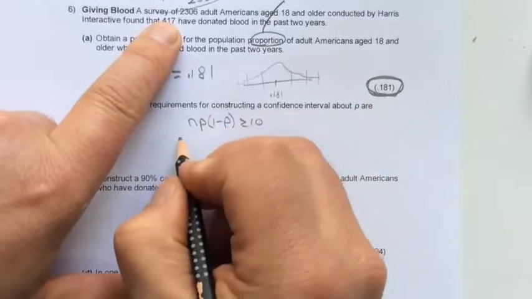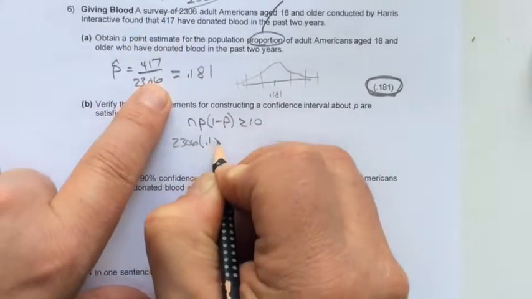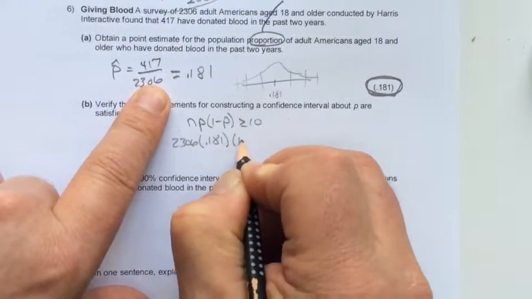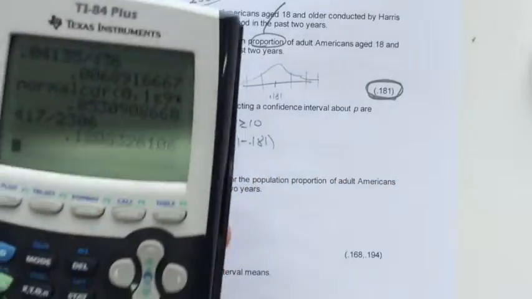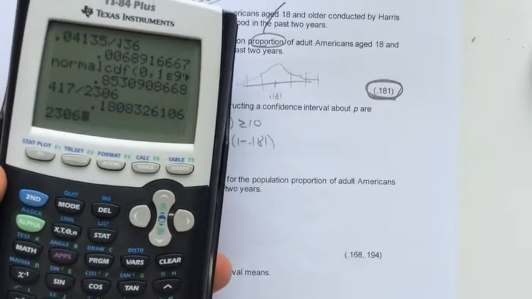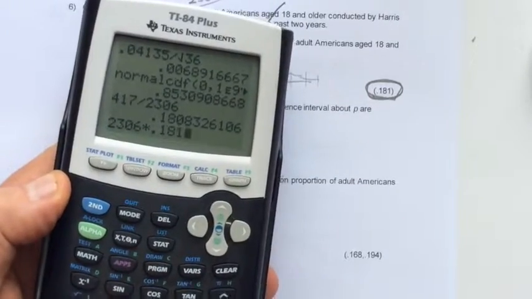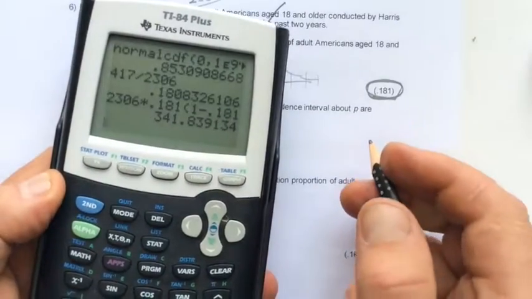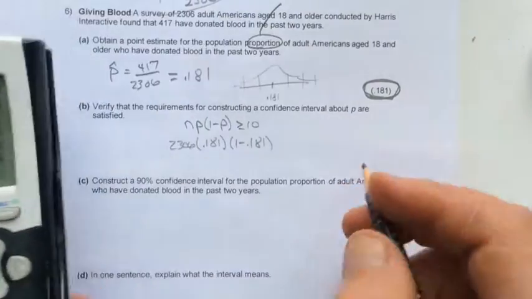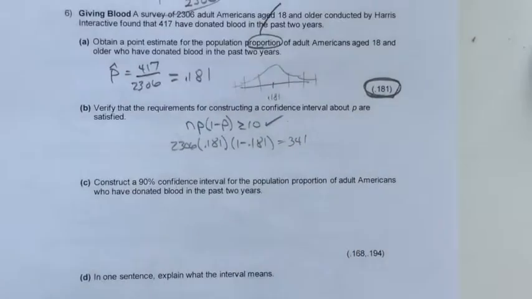So the number, which is 2,306, times the proportion, which was 0.181, times 1 minus 0.181. Let's see what that is. 2,306 times 0.181 times 1 minus 0.181 is 341. And that is bigger than 10.